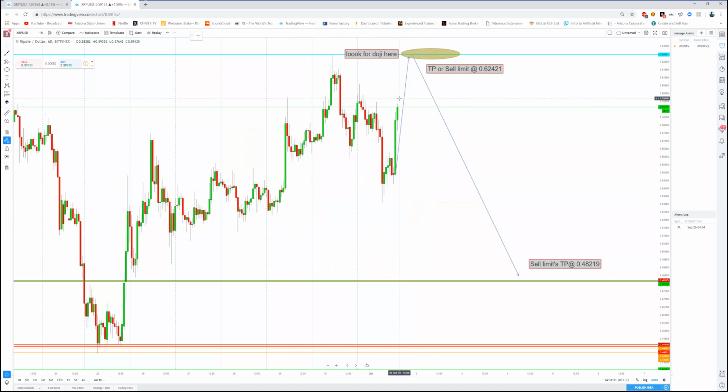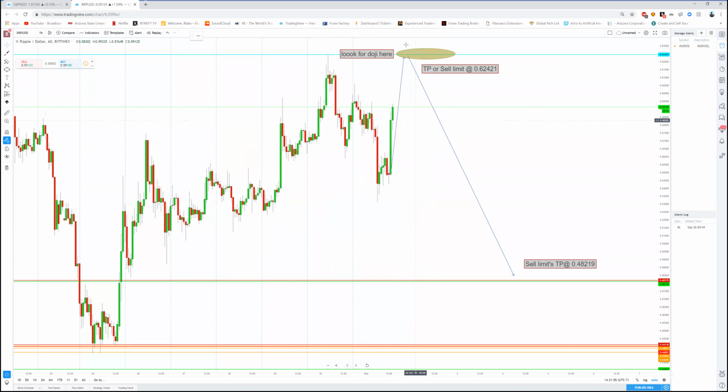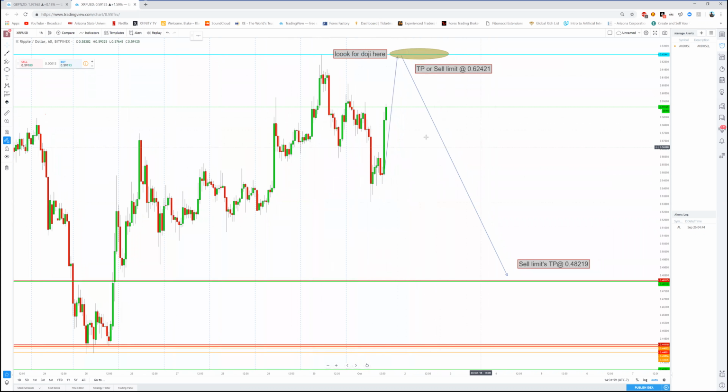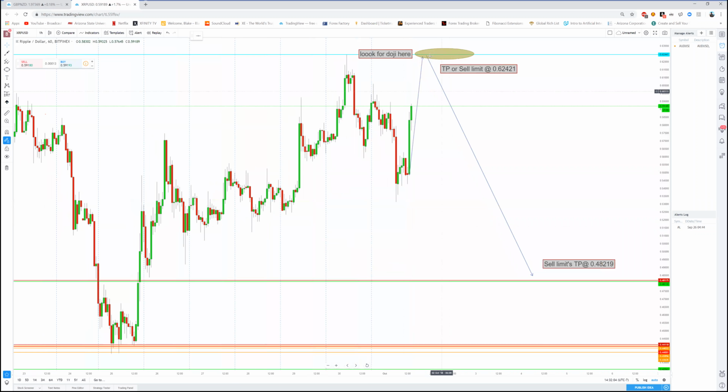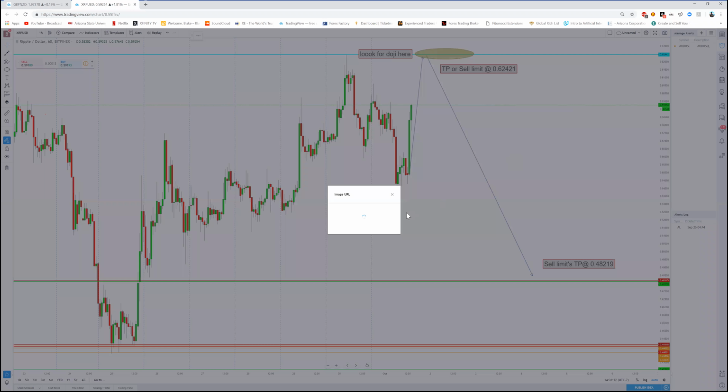Like I said, I thought it would. I don't think it will finish as a doji there. We want to see a doji in here. That would mean a very strong sell signal, again, on the 1 hour time frame. And if there's not, again, if it breaks up and it finishes the 1 hour above this, then it's definitely good for the buy. So I'll go ahead and screenshot this.